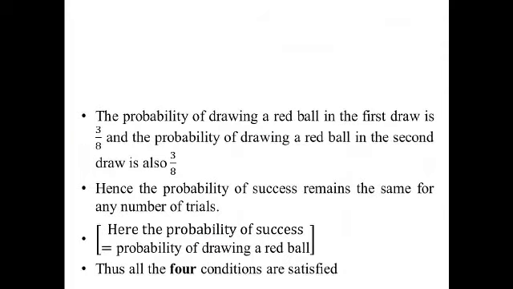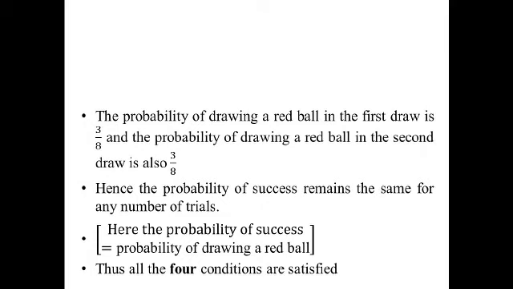So we notice here the probability of drawing a red ball in the first draw is 3 by 8. Also, the probability of drawing a red ball in the second draw is 3 by 8. So hence the probability of success remains the same in both the trials. Here the probability of success is nothing but the probability of drawing a red ball in both the draws. Therefore, the probability of success remains the same in each and every trial.